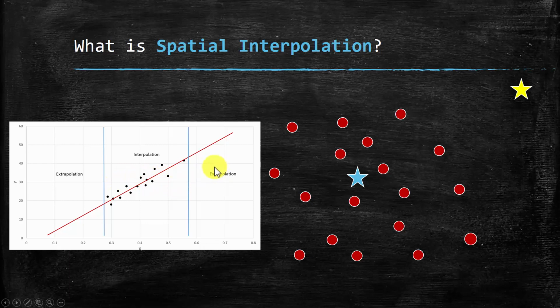In contrast, extrapolation is when you're generally predicting outside of your data bounds, so higher or lower values of x to predict y. Generally, it's considered safer to do interpolation as opposed to extrapolation, because we have some more controls here.